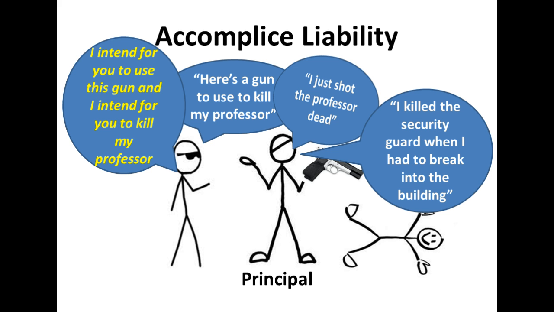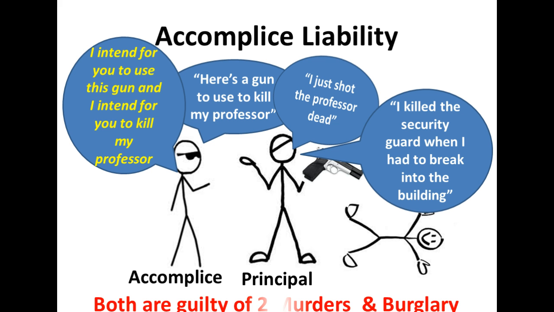As a result of this, you have the principal, who has done these crimes. You, in addition, have the accomplice. But now, based on the natural and probable consequences doctrine, both are guilty of two murders and a burglary. The murder of the professor was what the accomplice intended, but accomplice liability at common law extends beyond that.